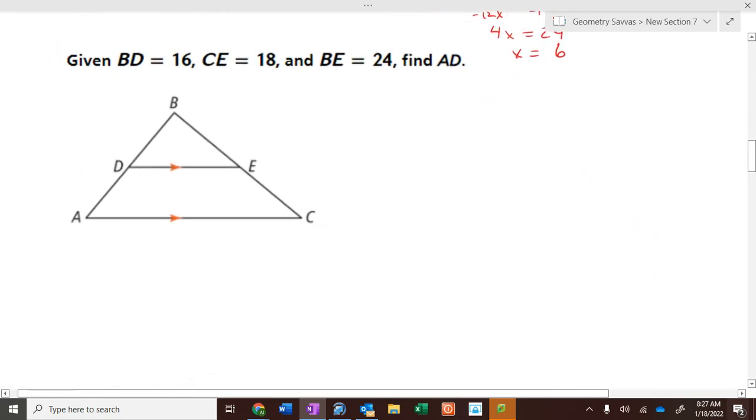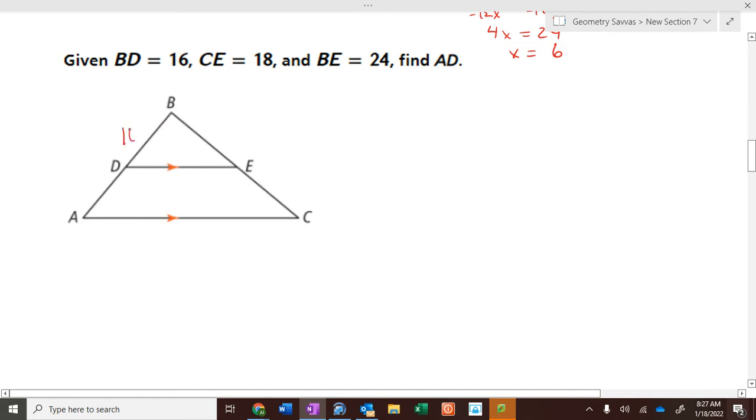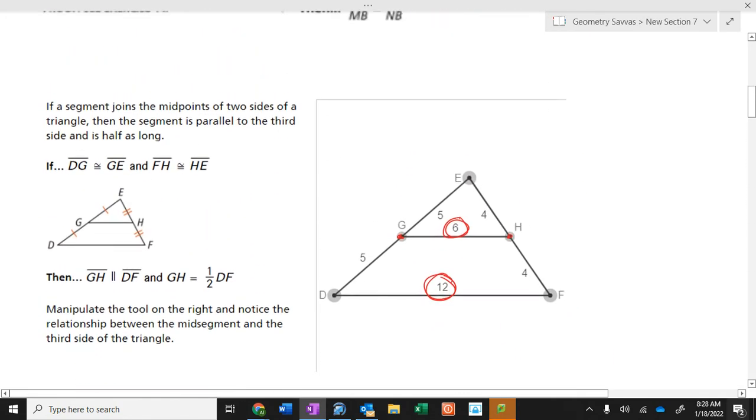Okay. So if BD is 16, CE is 18, BE is 24, find AD. Okay, side splitter theorem. So what over what equals what over what? Jillian, how would we set this up in a proportion? What do we do right up here?